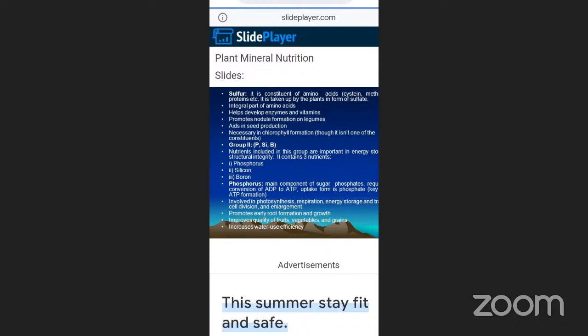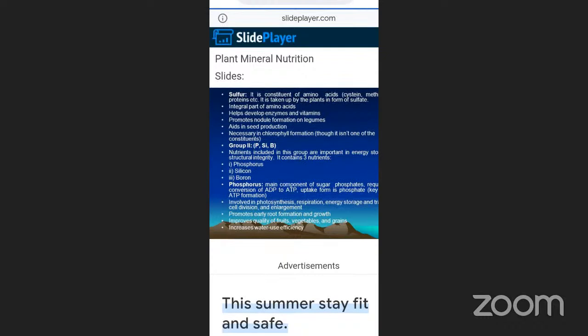Nitrogen deficiency is very common in almost all types of soils. Whatever nitrates and ammonium salts are present in the soil are easily lost through leaching by rainwater. Nitrogen is a constituent of a number of organic compounds like amino acids, proteins, coenzymes, and nucleic acids.